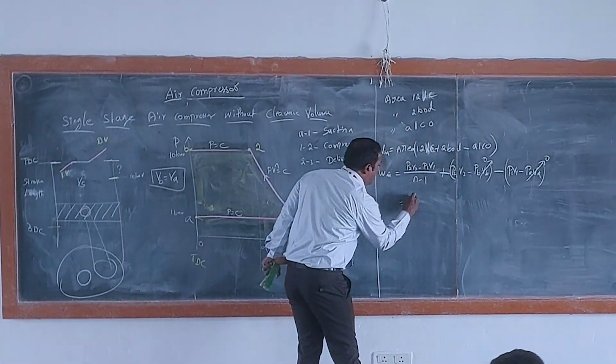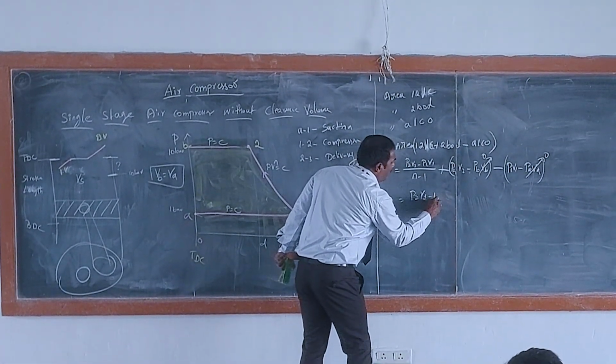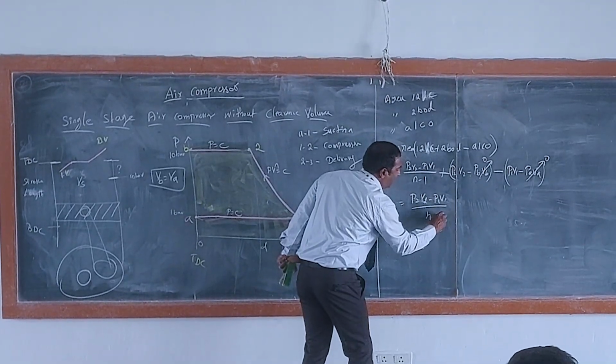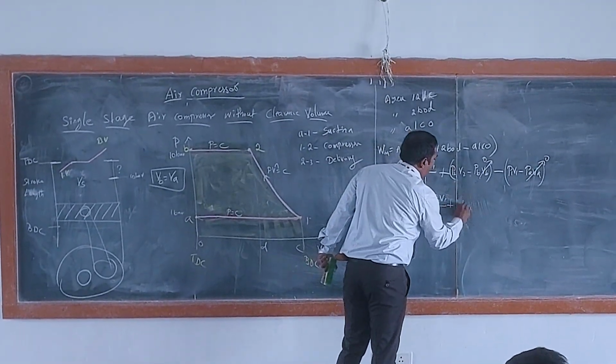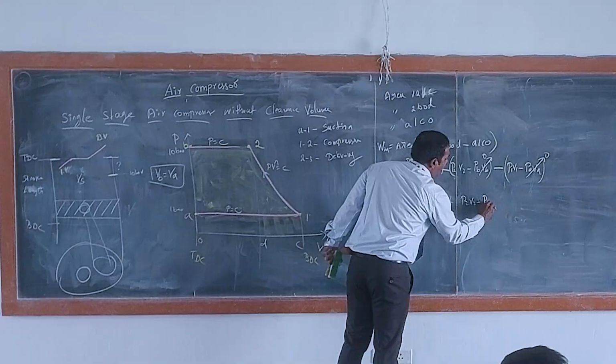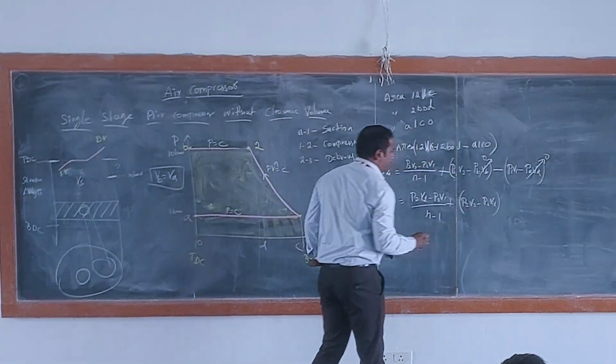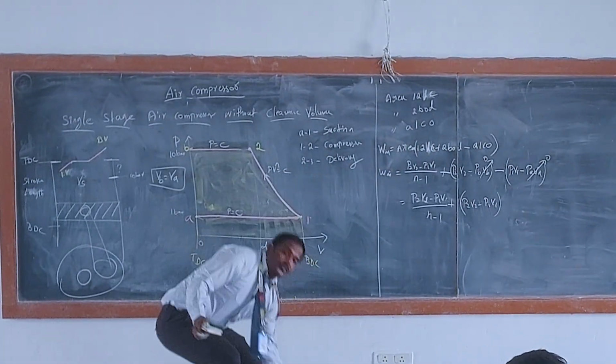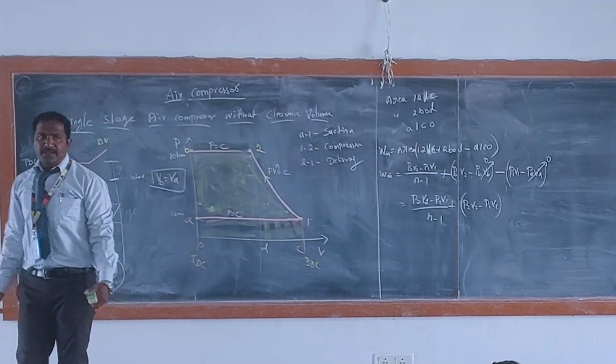So rewrite this equation: P2 V2 minus P1 V1 divided by n minus 1 plus P2 V2 minus P1 V1. Got it? Any doubts here?